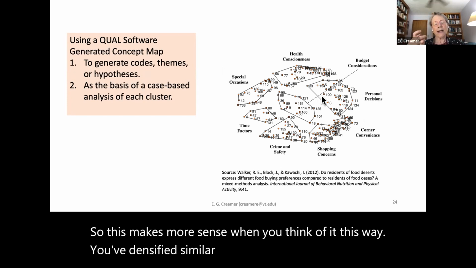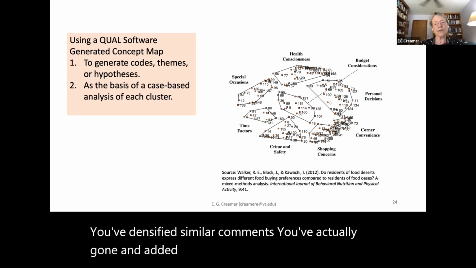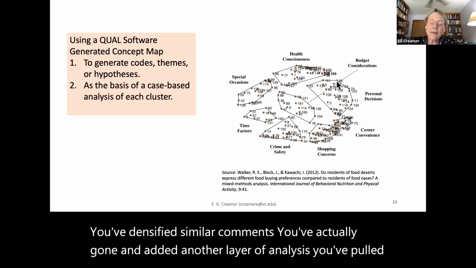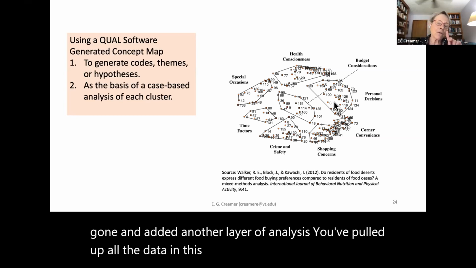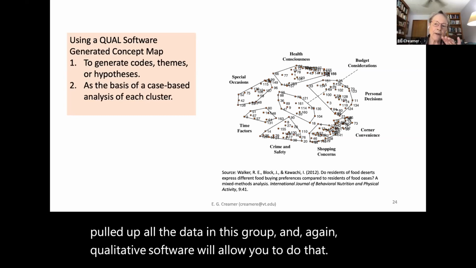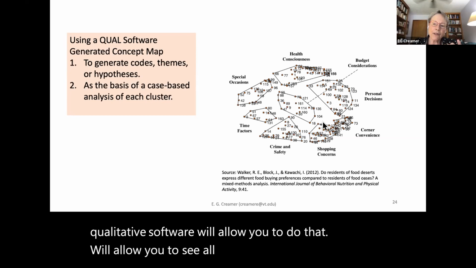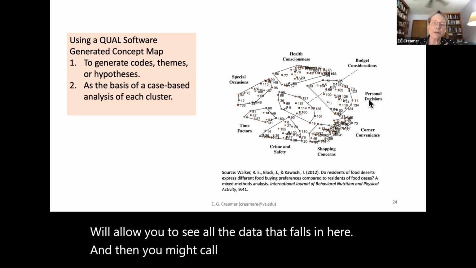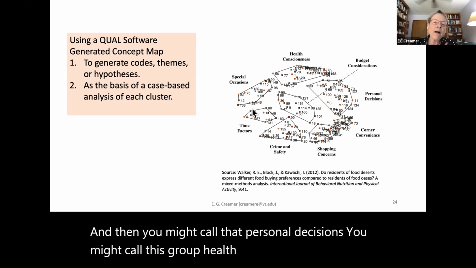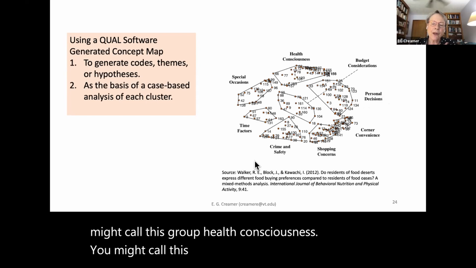You've actually gone and added another layer of analysis. You pulled up all the data in this group, and again, qualitative software will allow you to do that. Will allow you to see all the data that falls in here. And then you might call that personal decisions. You might call this group health consciousness. You might call this time factors.